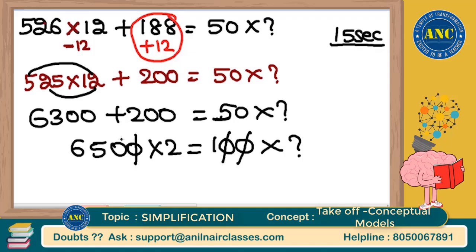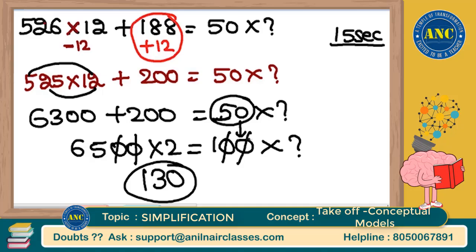This will cancel. 65 into 2 is 130. I hope the idea is very clear. Answer is 130. I made this 50 become 100 so that I can cancel both the zeros on the left hand side and my calculation will reduce. That is how I think in my problems, so that I solve it a little easier.